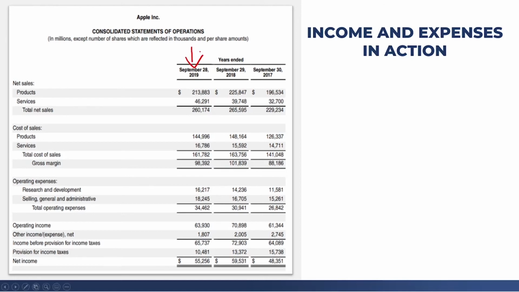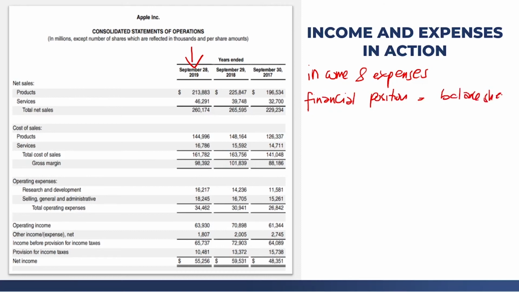The statement of financial performance means that we will see income and expenses, as we have discussed before. Because when we say statement of financial position, we mean the balance sheet or the assets, liabilities, and equity.